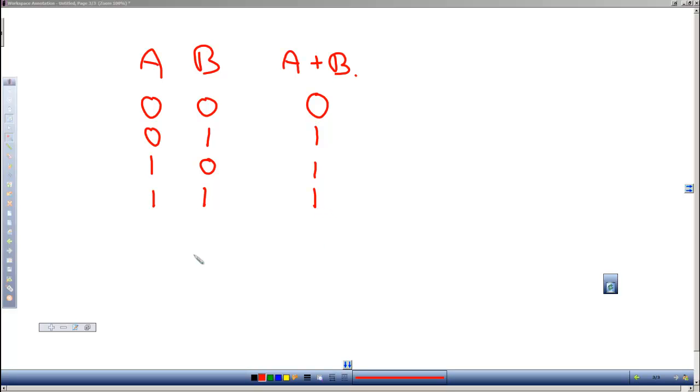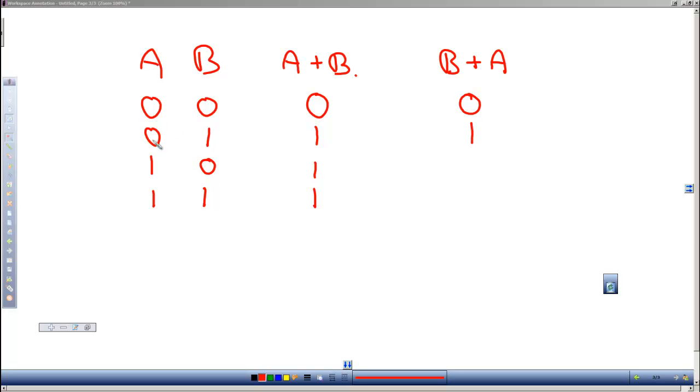If we said B or A, so we reverse the order, well, 0 or 0 is still 0. The B is 1, or a 0 for A still gives us a 1, because only one of them has to be.